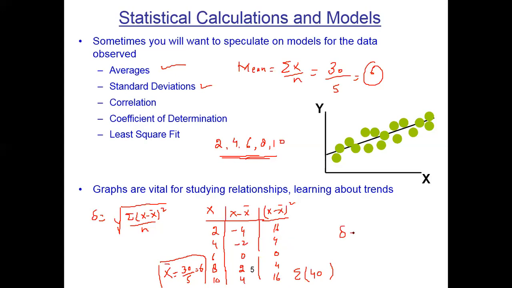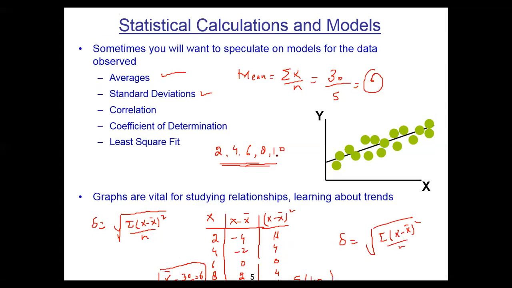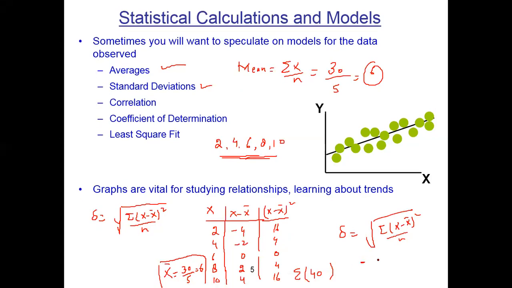So sigma, the standard deviation, equals the square root of the sum of (x minus x average) whole squared divided by n, where n is the number of data. The sum equals 40 divided by the number of data, which is 5. So 40 divided by 5 is 8.